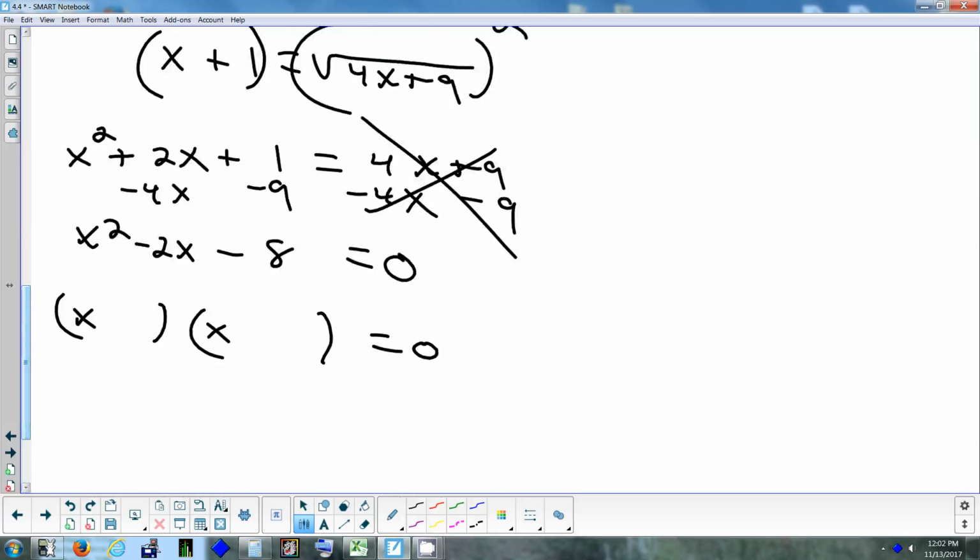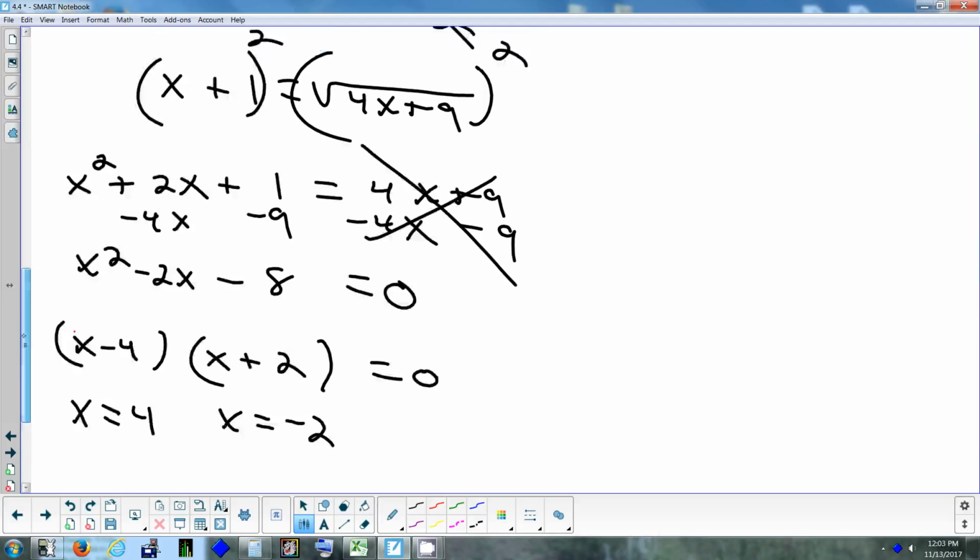Two numbers that multiply to give you negative 8 and subtract to give you 2. Let's try a negative 4 and a 2. That gives me plus 2x, take away 4. Perfect. What would make the first factor 0? 4. And the second factor? Negative 2.